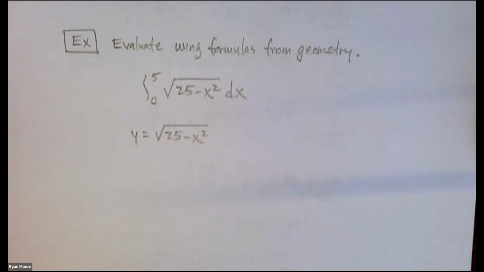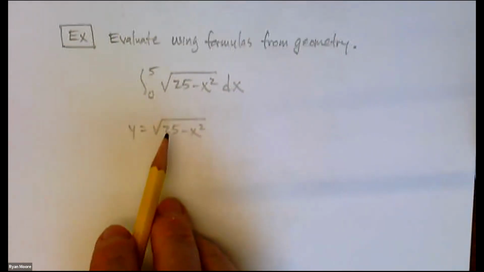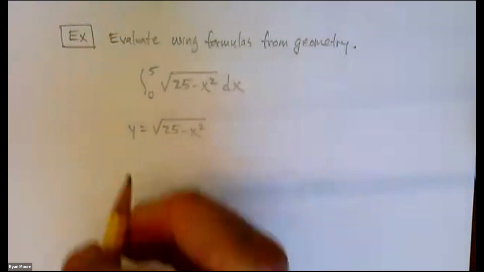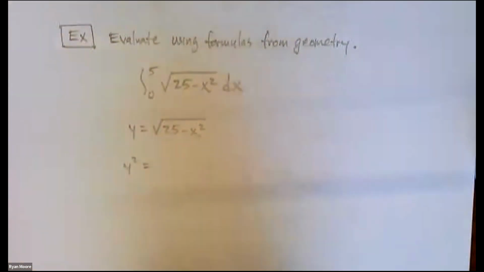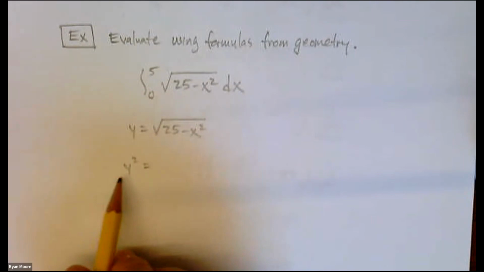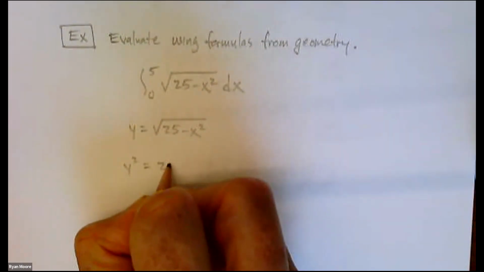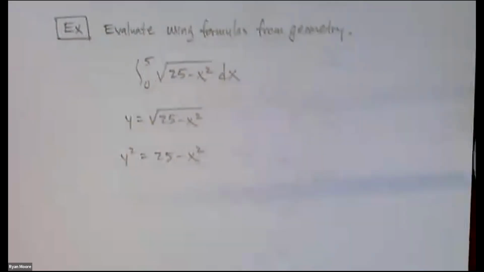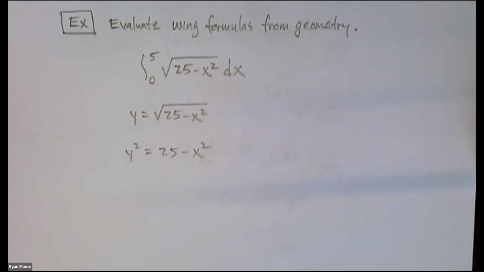Well, as it is, that probably doesn't look very familiar, but maybe we could rewrite this in such a way as to be more familiar to us. What if we were, say, to square both sides? I mean, what else can we do, right? We can get rid of the square root. y squared equals 25 minus x squared. Does that look more familiar? Maybe not.